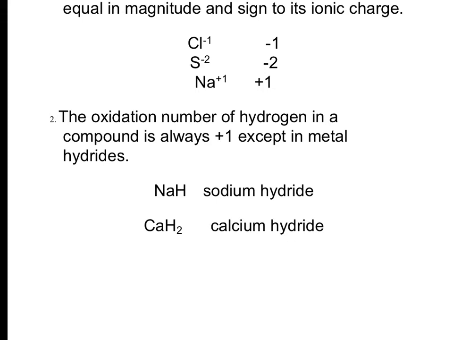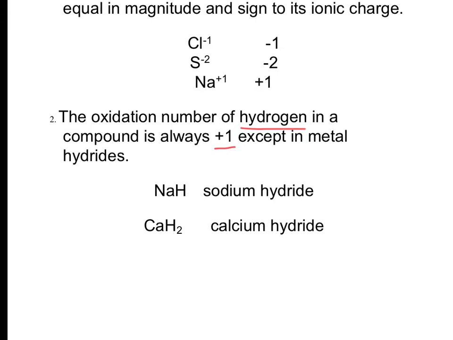Okay, so rule number 2, the oxidation number of hydrogen in a compound is always +1 except in metal hydrides. So a metal hydride is an example that I have here. When you see hydrogen listed second, then hydrogen will take on a -1 charge instead, okay?